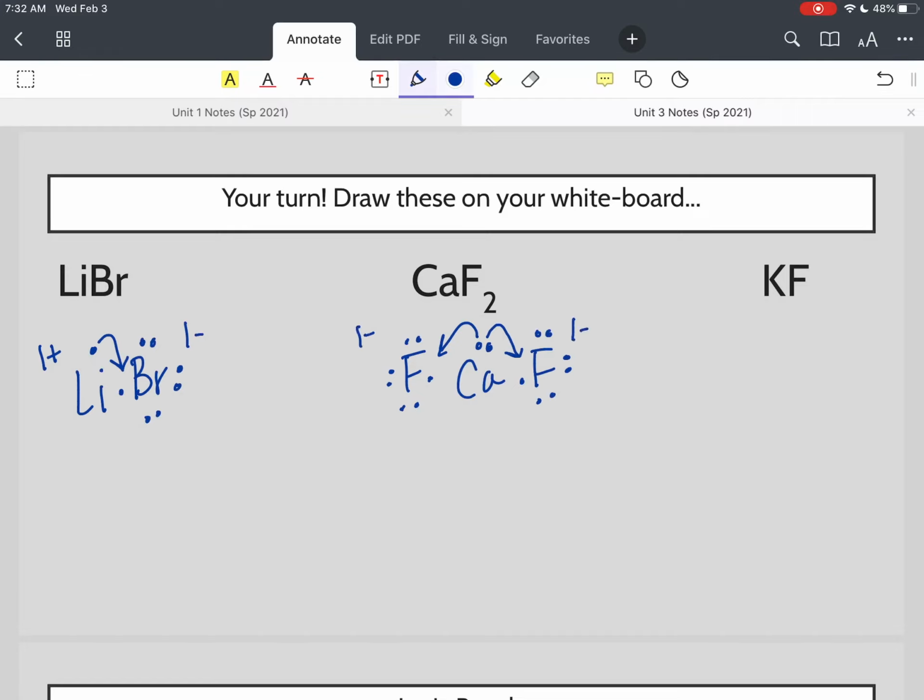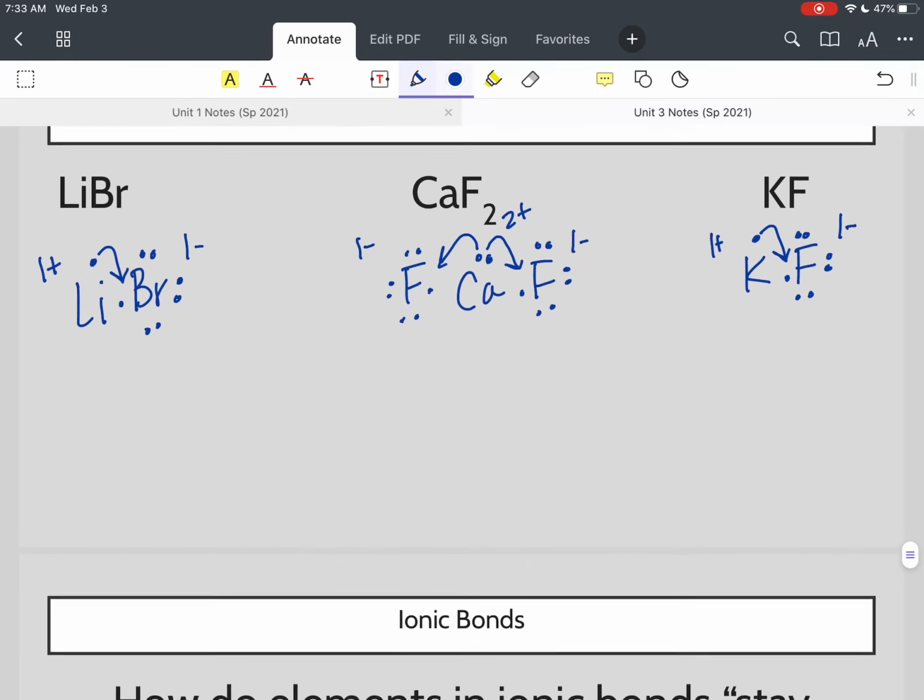That means that each of my fluorines has a 1-, and then my calcium has a 2+ because it lost 2 negatives. Potassium's going to give 1 away. 1+ and 1-. Okay, so check your answers on your paper.